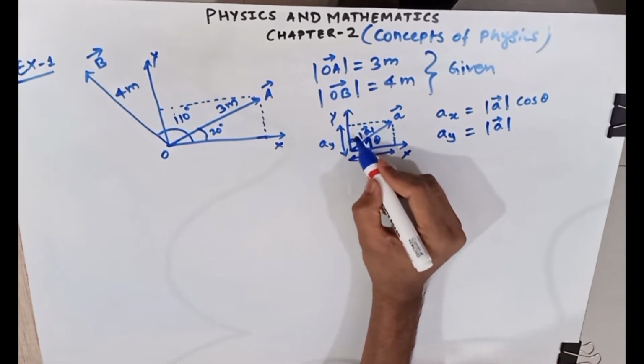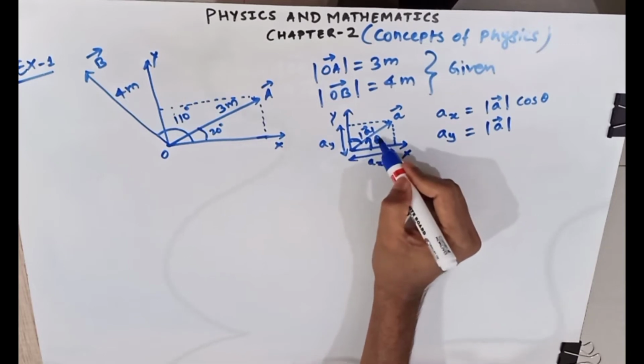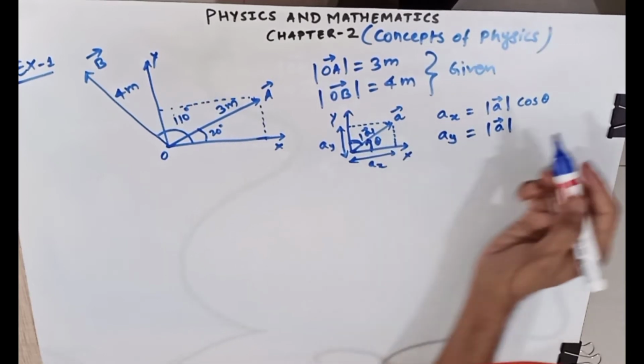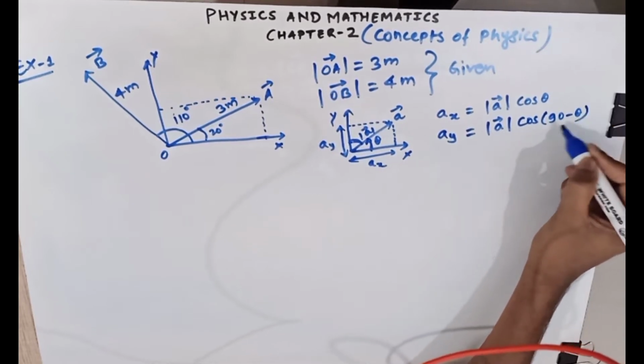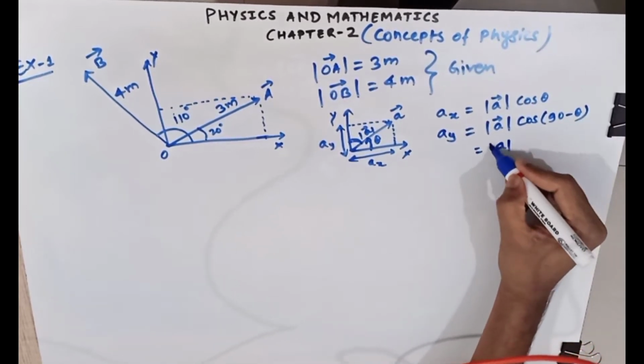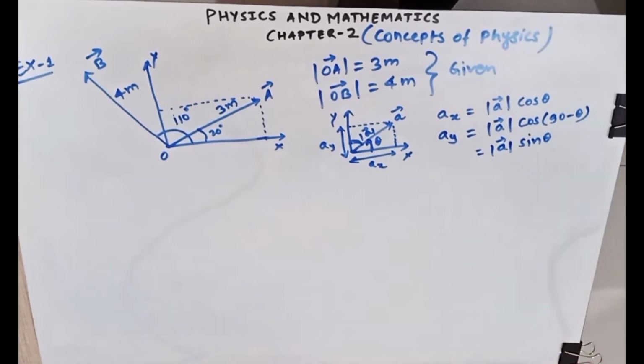If it is making an angle of theta here, it must be 90 minus theta. So this would be cos(90 minus theta), and this is nothing but sin theta, right? Cos(90 minus theta) is equal to sin theta.